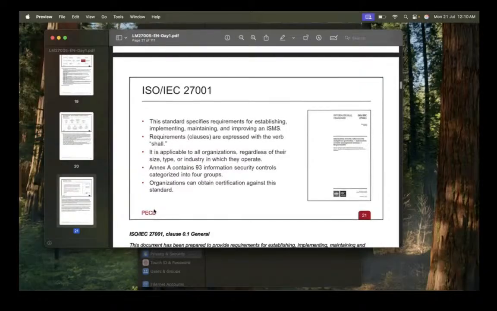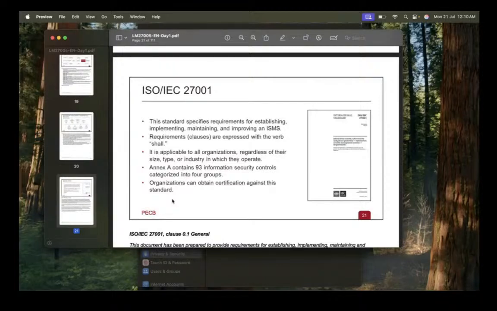The last point to remember is that organizations can obtain certifications against this standard. These ISO standards are universal or international standards. So if an organization has these standards, then of course the credibility of that organization increases.